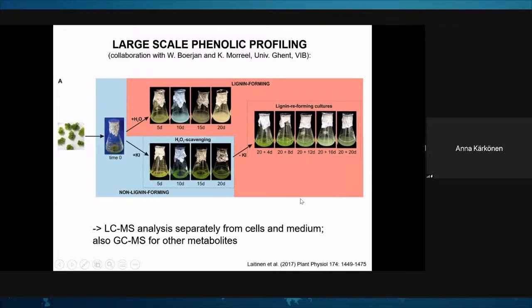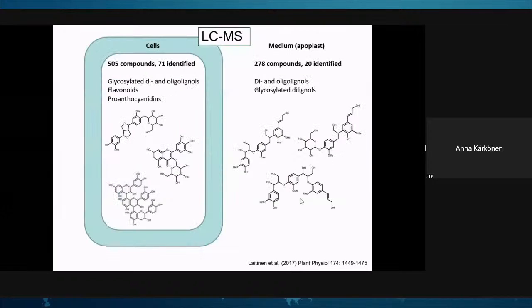The lignin was removed by centrifugation, and the small molecular weight compounds were analyzed by LCMS separately from the cells and medium, and the GCMS analysis was conducted to assay the other metabolites. And out of cells, we could see 505 phenolic compounds, and identify 71 compounds.